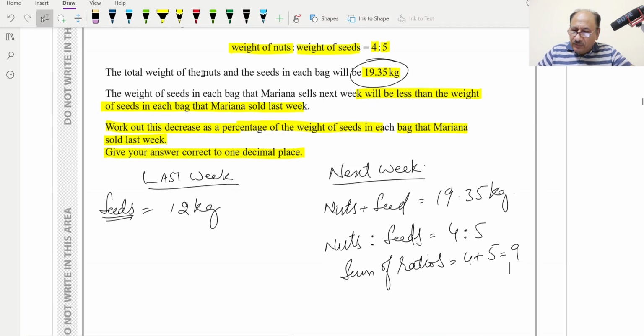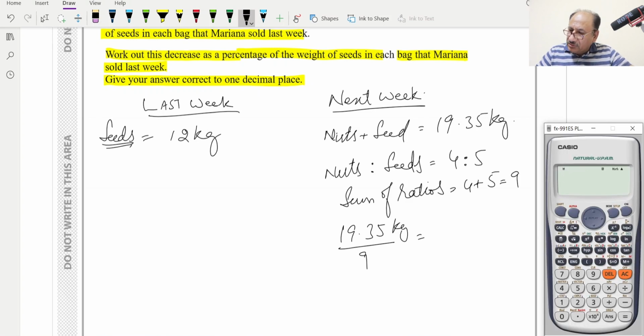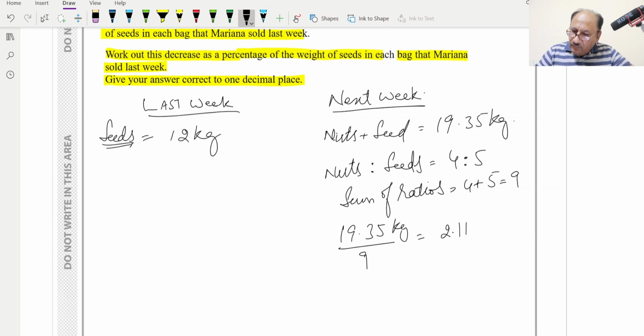So we will be dividing 19.35 kg by 9, and we will get one share. 19.35 divided by 9 is equal to 2.15 kg. One part will be equal to this much.